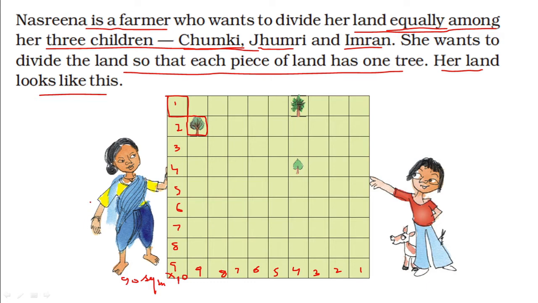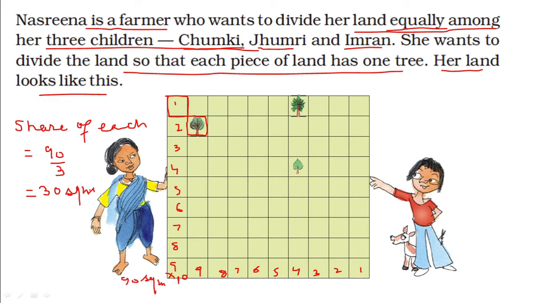Now what will be the share of one child? Share of each child, because she wanted to divide equally among three. So 90 divided by 3, which will be equal to 30 square meter.